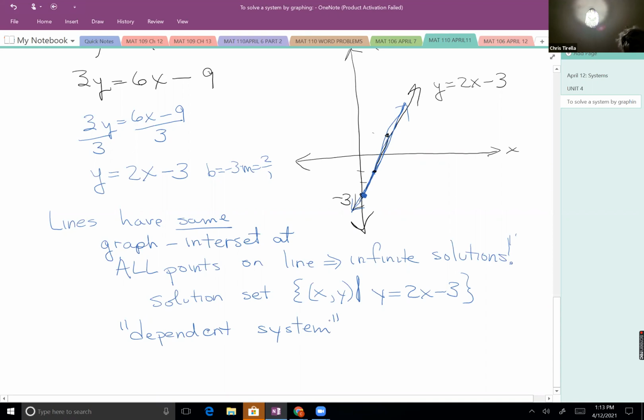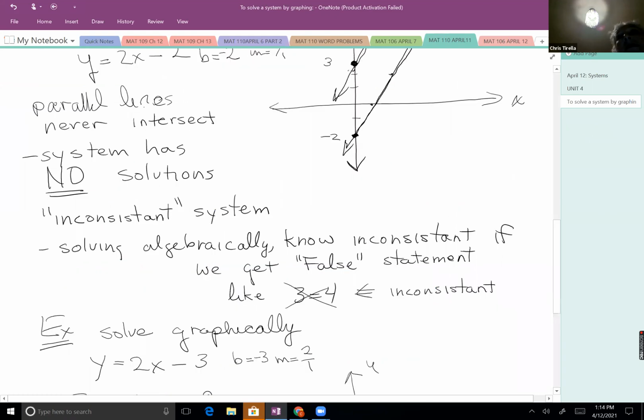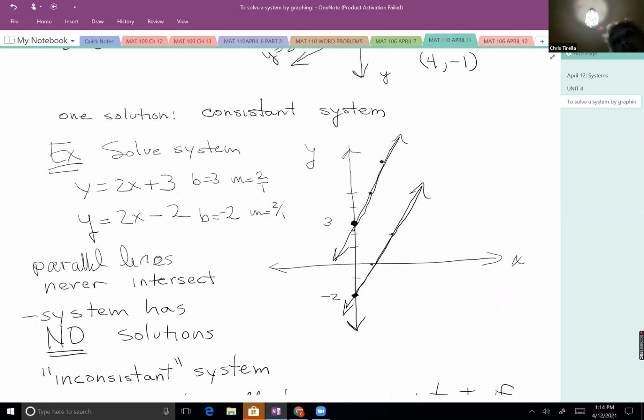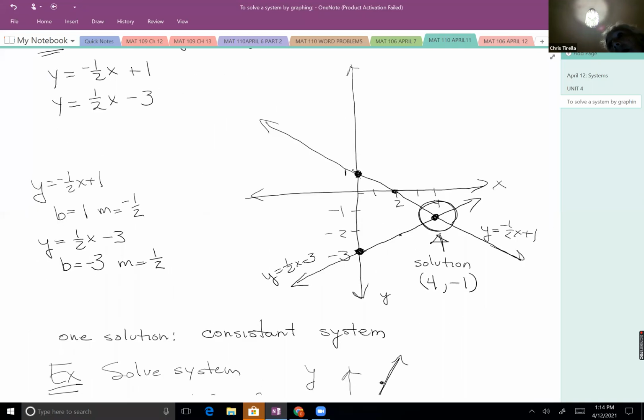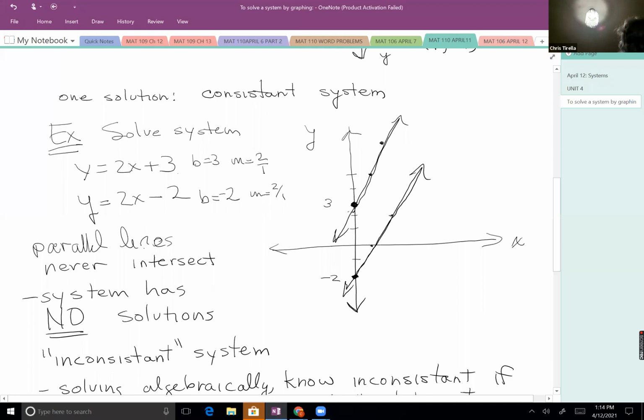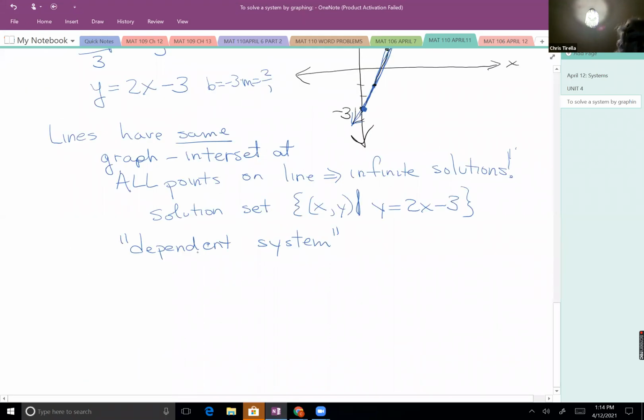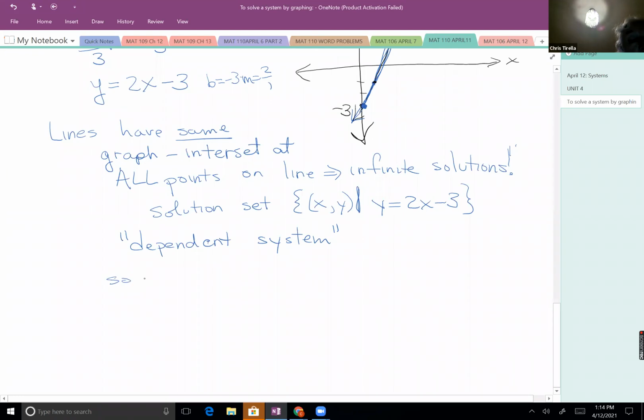And so do you see how with these, there's three possibilities. If the two lines are the same, there's infinite solutions. If the two lines are parallel, but they have different intercepts, they don't cross at all, there are no solutions. And if the lines aren't parallel at all, I just have one solution where they intersect. Going back, I'll know that a system is dependent, solving algebraically, if you get an identity.